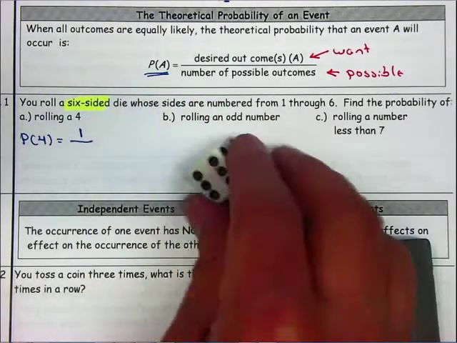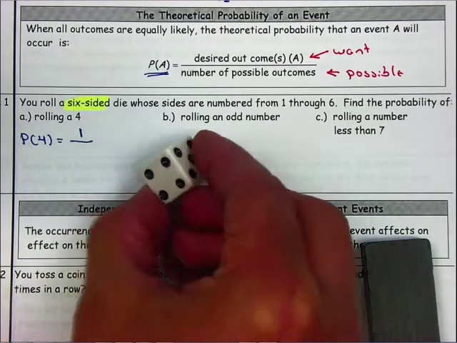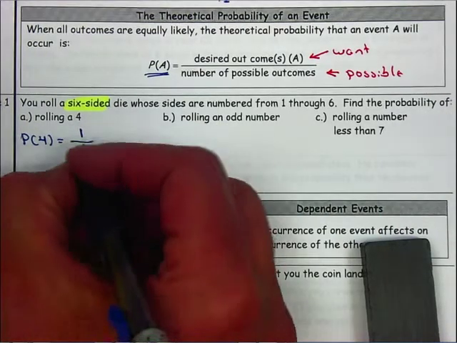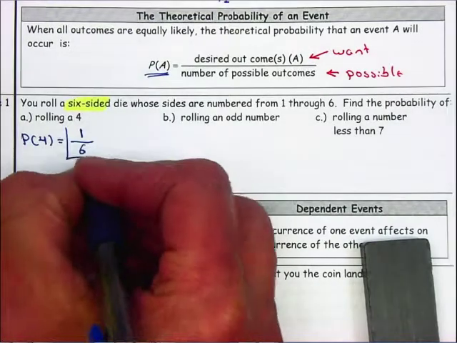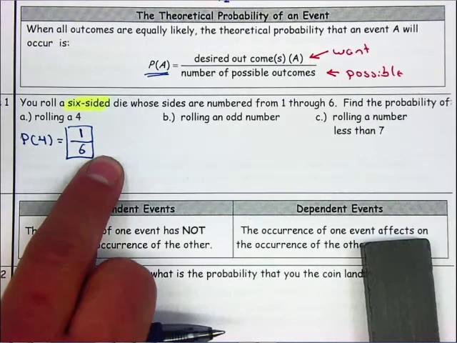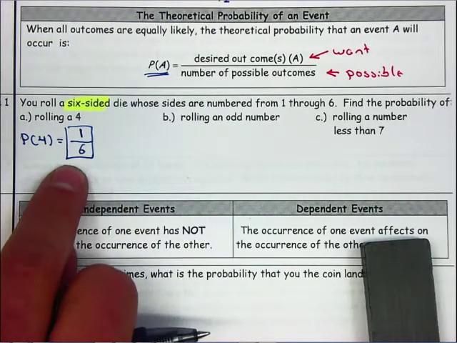How many numbers are possible? 1, 2, 3, 4, 5, 6. There are 6 numbers possible, so it'll be 1/6, simplified. If we want to convert it to a decimal, we'll just do division, and we can also convert it to a percentage. For now, a fraction will be perfect.